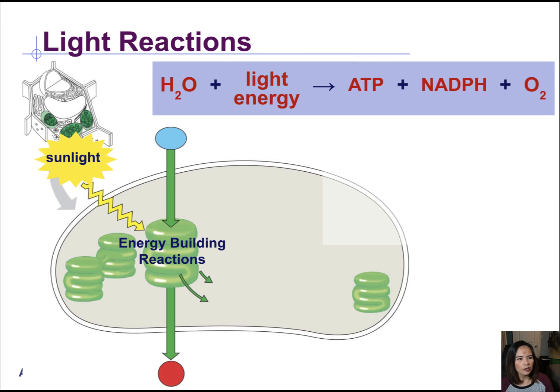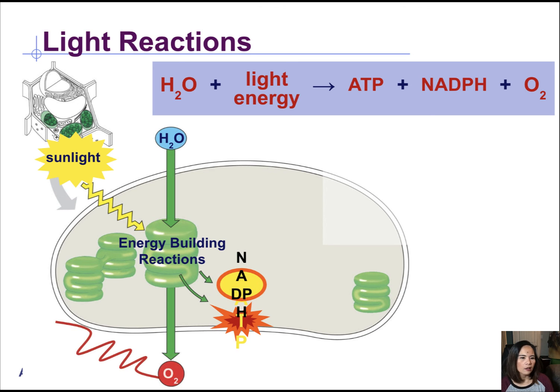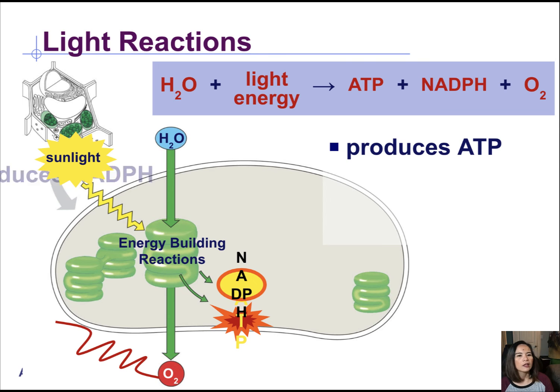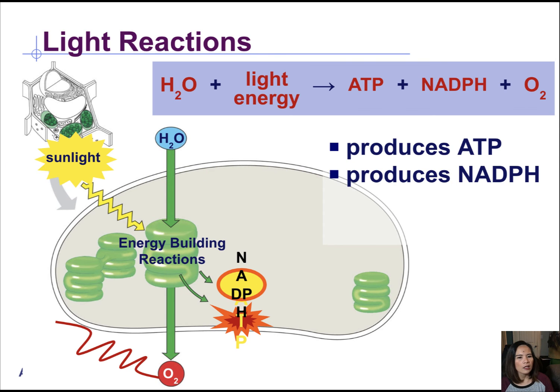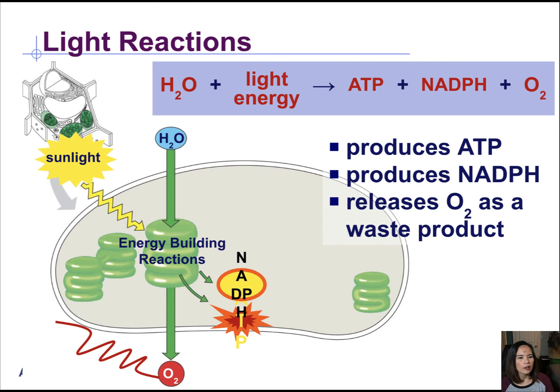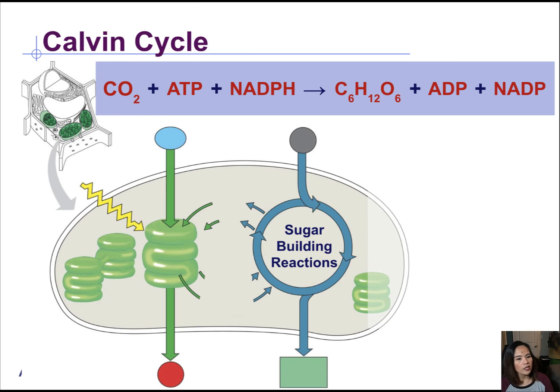And in the light reaction, as you can see over here, when sunlight hits our stroma, our stack of pancakes right here, water drives the electron transport chain and produces ATP and NADPH, and as it produces these two, it releases oxygen as a waste product.